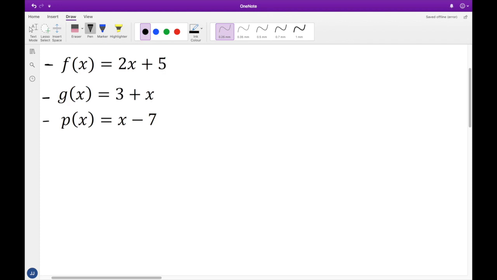Now I have 3 functions here. I could actually sub one inside the other. So what if I wanted to ask you, and be ready to have your mind blown here, right? What if I wanted to ask you for the f of g of p of x?